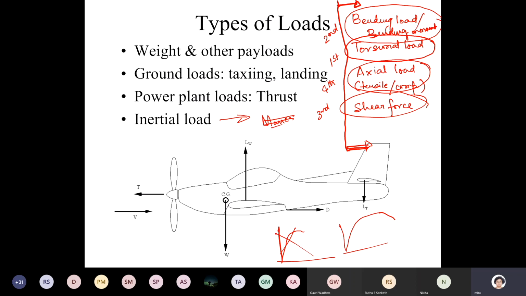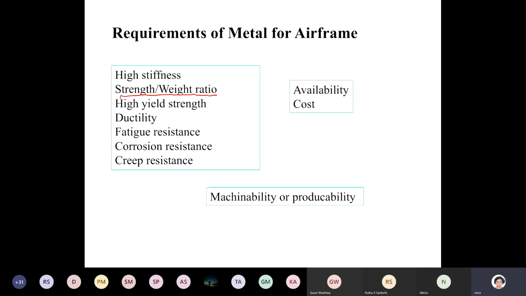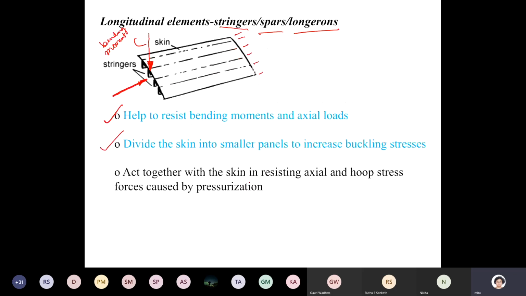Why beams? Because the primary load carrying members are the longitudinal members, which are the stringers, like beam-like structures. It's a very slender 1D kind of structure, so they can be very well approximated as a beam. So beam analysis would be sufficient to analyze the longitudinal member.